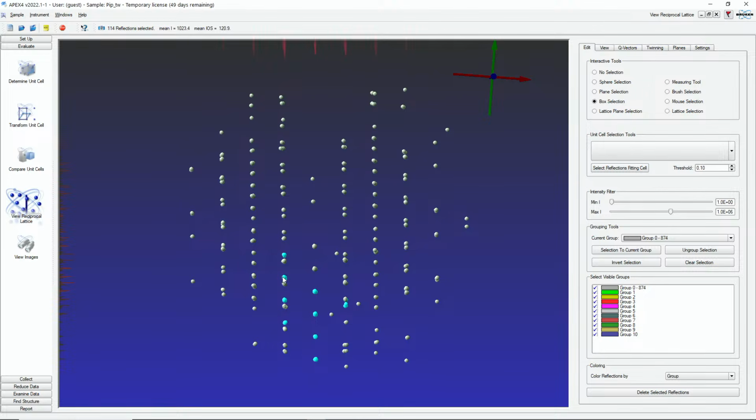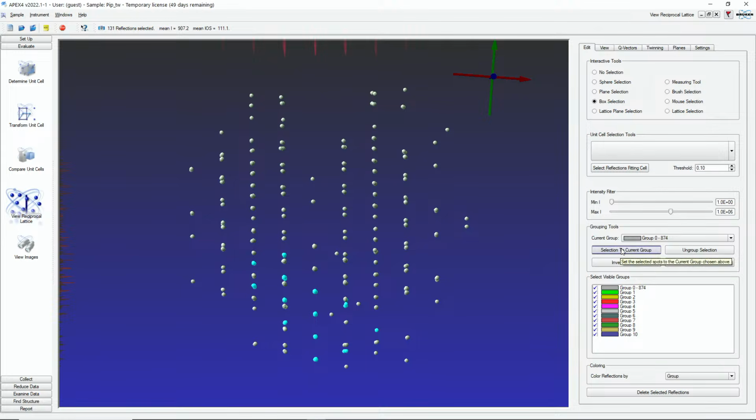So here I select them on top, and you see these lines; I select these on the bottom, and then you see how it moves in this direction. We need to select only a few of these reflections, and that will be enough to index. You just have to give it enough to get started, and then it can go from there.